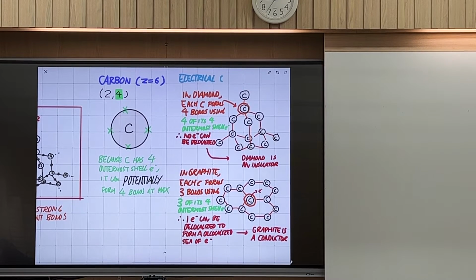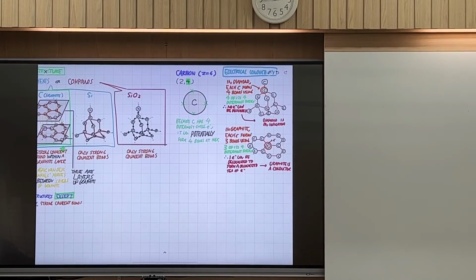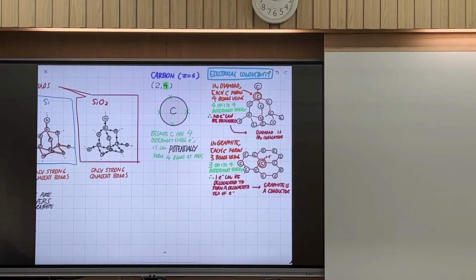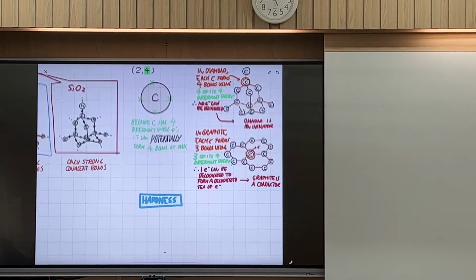We will now turn our attention to another property difference between the two forms of carbon. It is the hardness difference. So hardness. These two different forms of carbon can have very different electrical conductivity, and they can have different hardness.